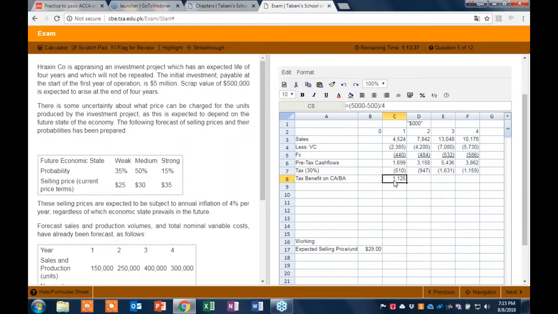But since it's just the capital allowance figure and not the tax benefit, we'll take 30% of this figure in the bracket to calculate the tax benefit. So here we go. Here is the tax benefit for year one. Since it's a straight line method, we'll be receiving the same tax benefit for all 4 years.